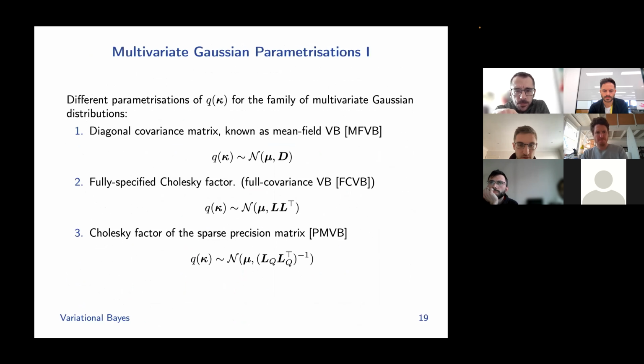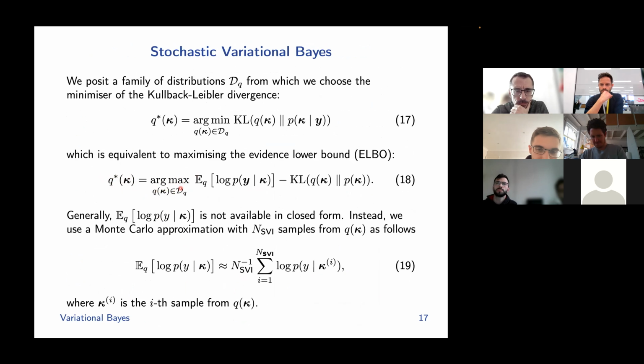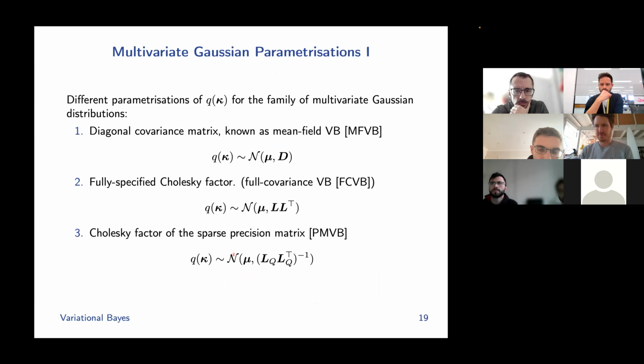Yeah, exactly. So we are trying to find Q, which is a distribution from a space of distributions, and basically we choose the Q here.